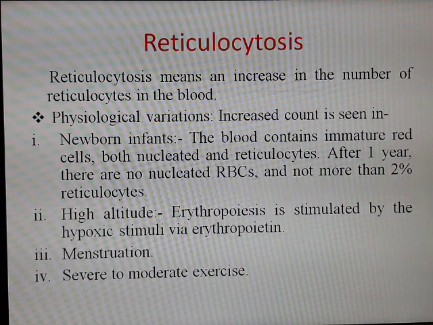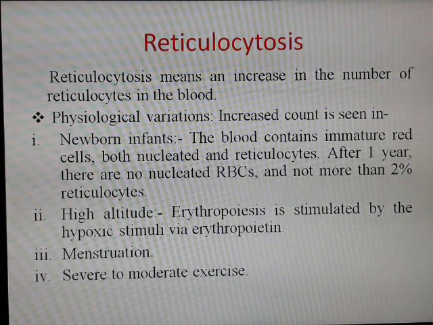At higher altitude, erythropoiesis is stimulated by hypoxic stimuli via erythropoietin. Erythropoietin is a hormone that stimulates erythropoiesis, that is the formation of RBCs. And we all know that the reticulocyte is a stage in erythropoiesis, just before the mature erythrocyte. So definitely it will be more.